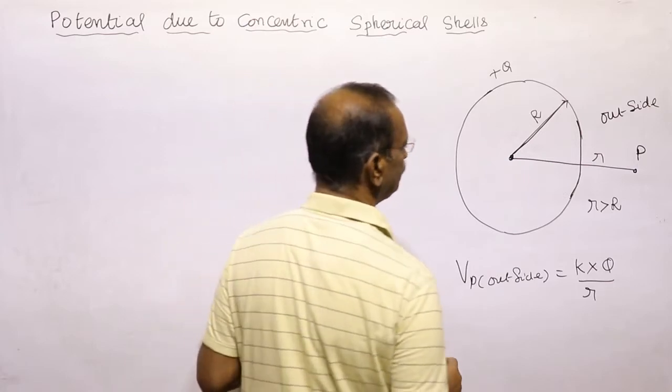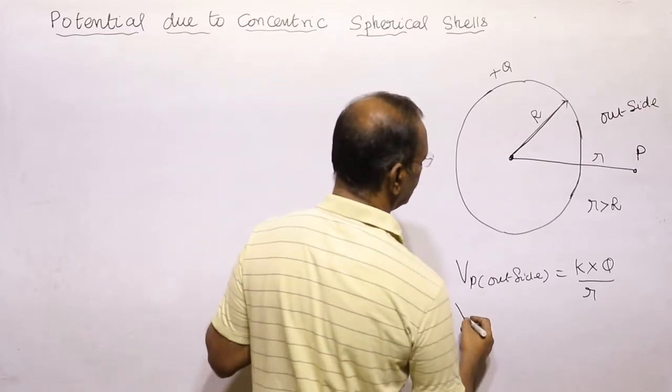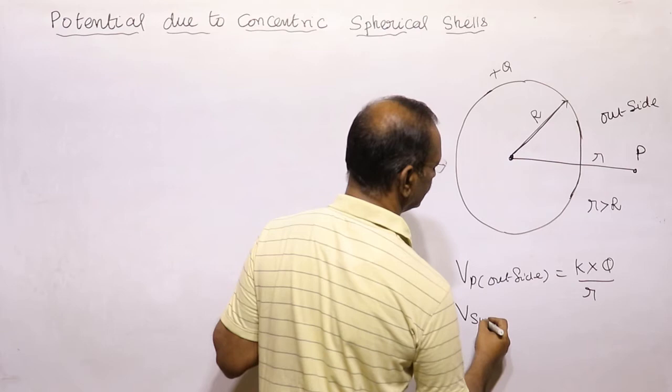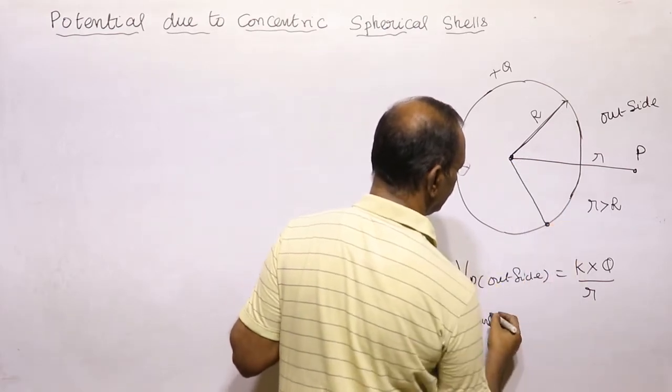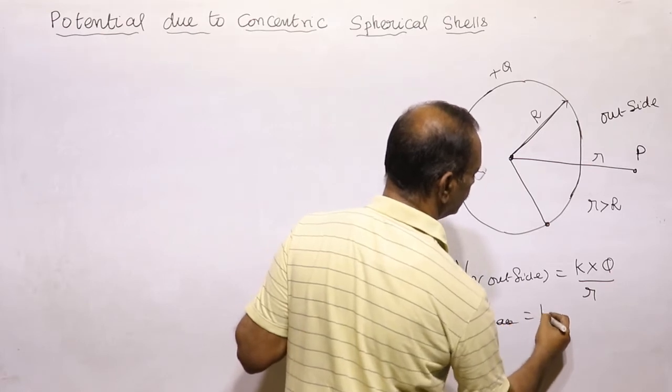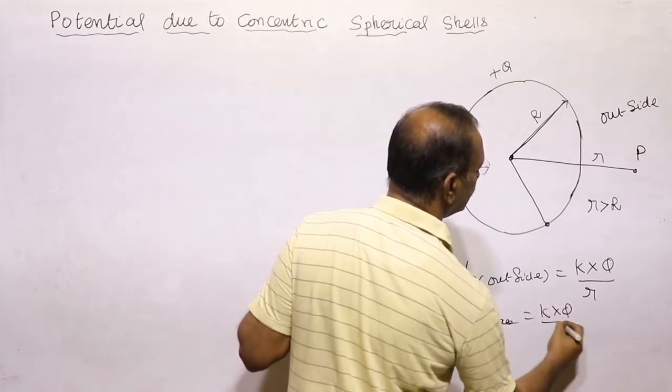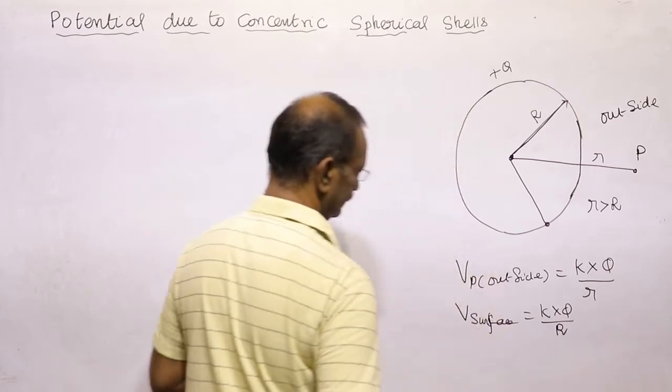So this is outside. Now potential at surface: it means potential at the surface is equal to K into Q divided by the distance R.